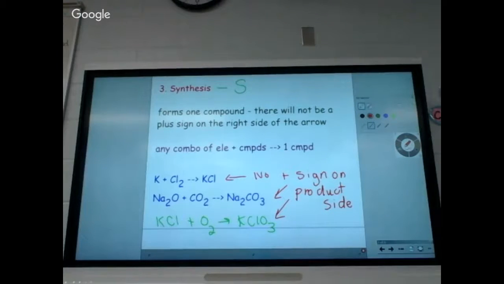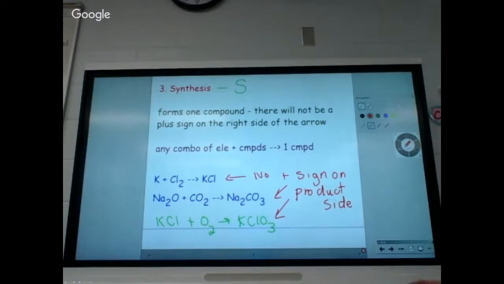It didn't matter that in the first one I had two elements being added. In the second one, I had two compounds being added. Or in the last one, I had a compound plus an element being added. That was all irrelevant. When they were all added together, I got one compound and there was no plus sign. Does that make sense? Yes? No? Yep. Okay, I feel like I'm just talking to myself today. Okay. Is everybody caught up with me?